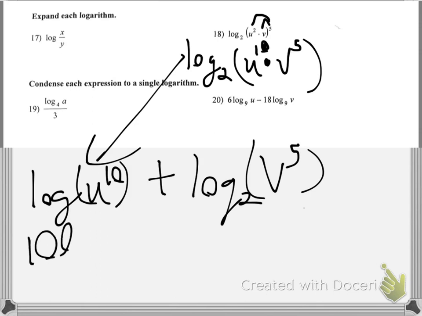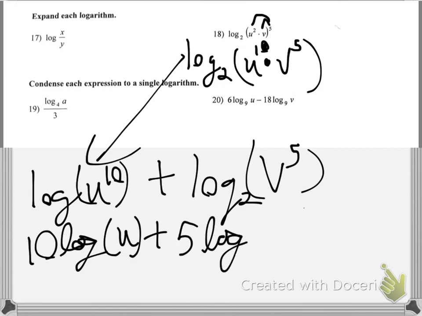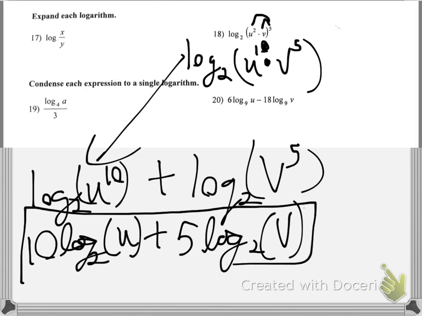So remember, that's 10 times log u plus, and then this exponent comes to the outside as well. So that's 5 times log base 2 of v. Oh, those are both base 2, huh? It's supposed to be base 2 on everything. Pretend like I wrote that. Anyway, so we got 10 log base 2 of u plus 5 log base 2 of v is what I'm looking at.